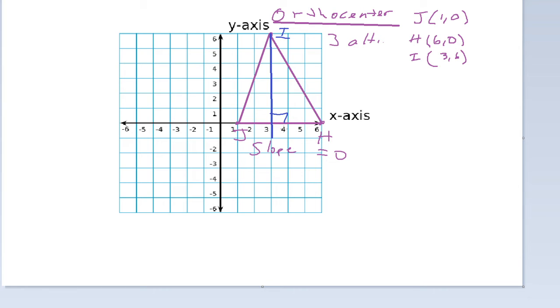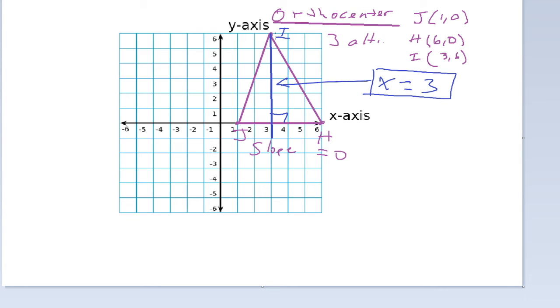Well, if JH has a slope of 0, this vertical line in blue has to be x equals 3. So here's my first equation. Now I have to find another equation.